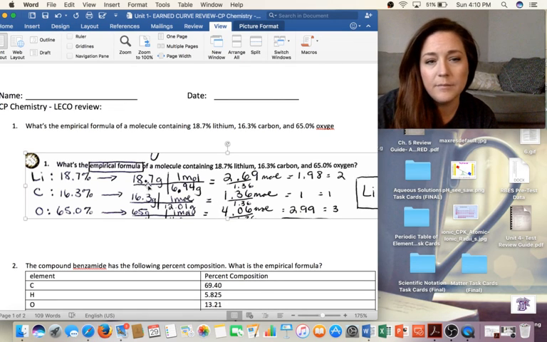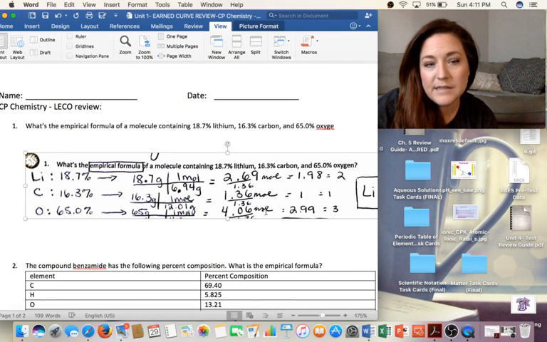So for lithium, when you take 18.7 and divide it by 6.94, you get 2.69. Then for carbon, you get 16.3 divided by 12.01, giving you 1.36 moles. When you take 65 and divide it by 16, you get 4.06.